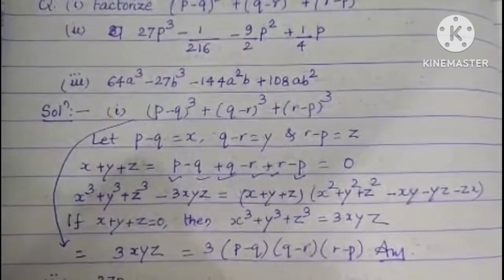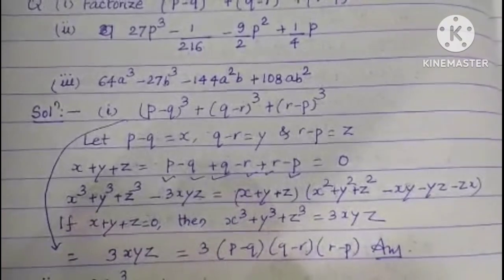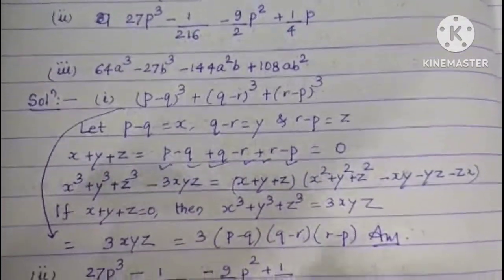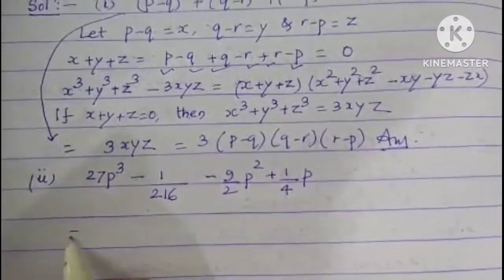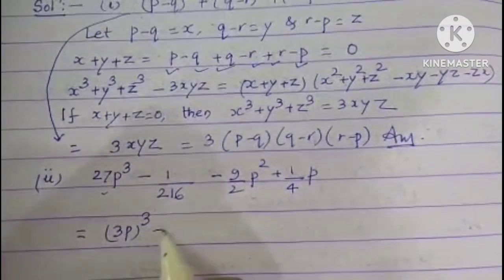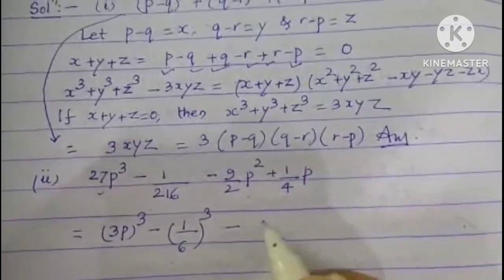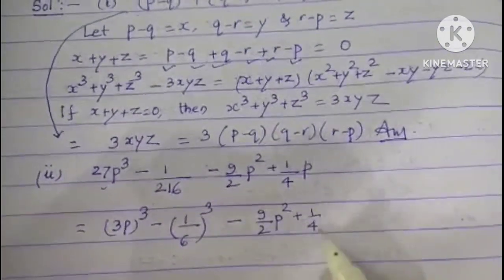27p cube minus 1 by 216 minus 9 by 2 p square plus 1 by 4 p. This is also in an indirect form. You can write this one as 3p cube minus 1 by 6 cube, minus 9 by 2 p square plus 1 by 4 p.